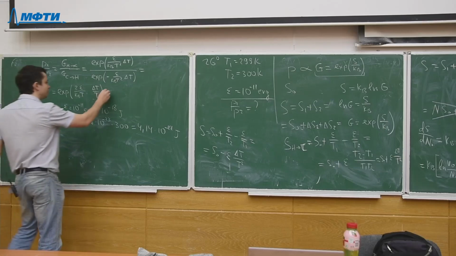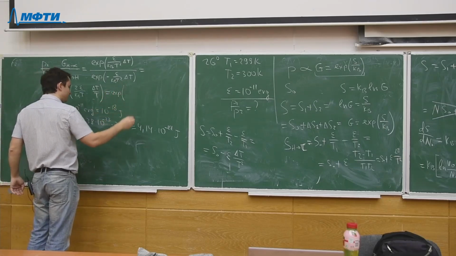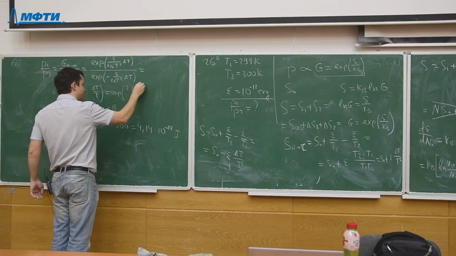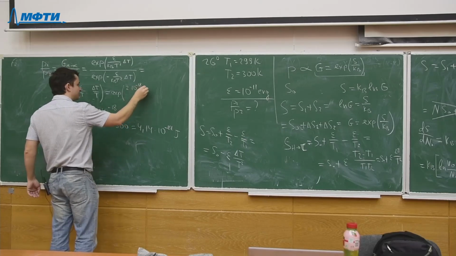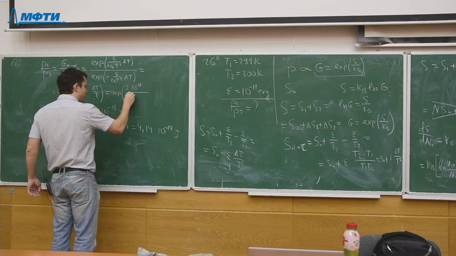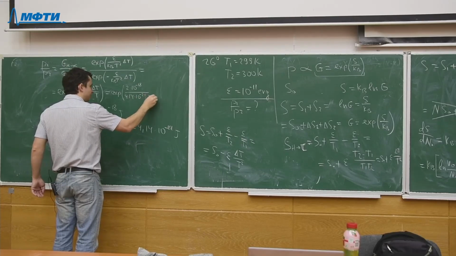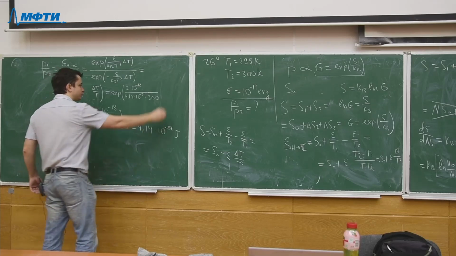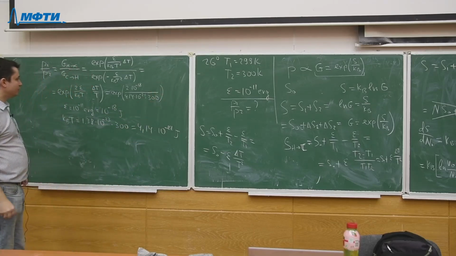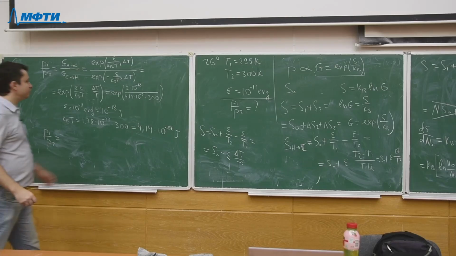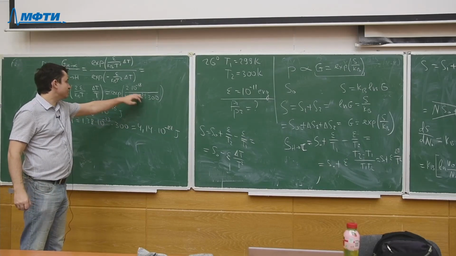So altogether, this should be exponent of 2 times 10 to the minus 18 times 1 over 4.14 times 10 to the minus 21 times 300. Okay, so after I continue my calculations, that would give me 10 to the minus 19.